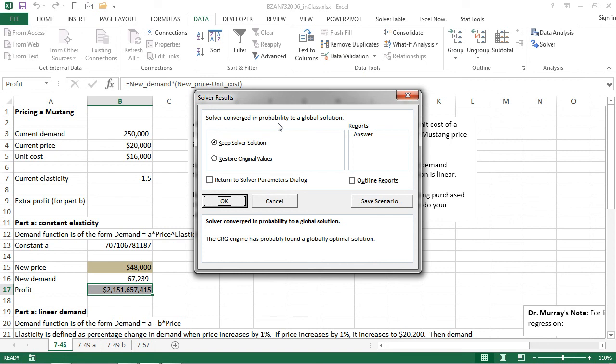It does not guarantee that it's the global solution. It probably is. For our models, it almost certainly is. But as models get more complex, that guarantee goes out the window.